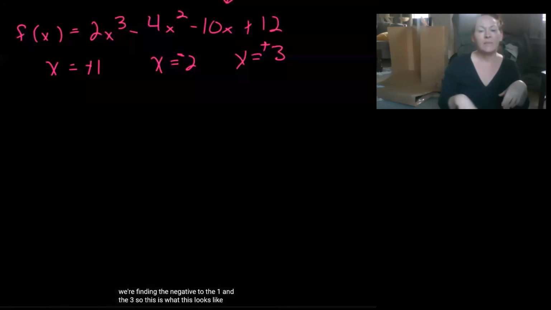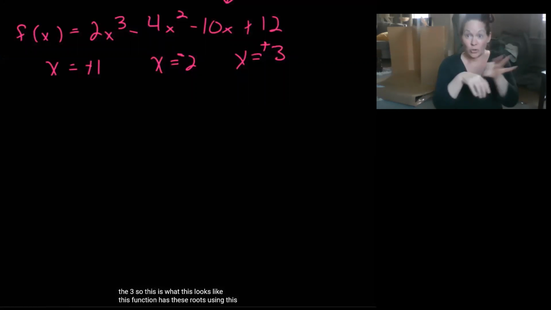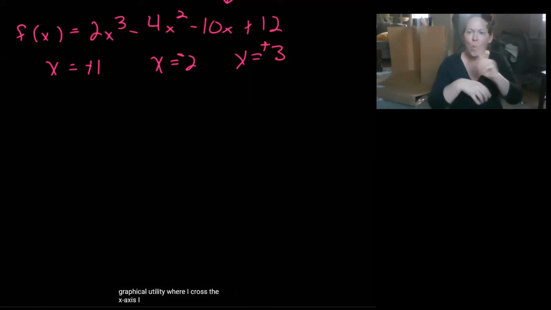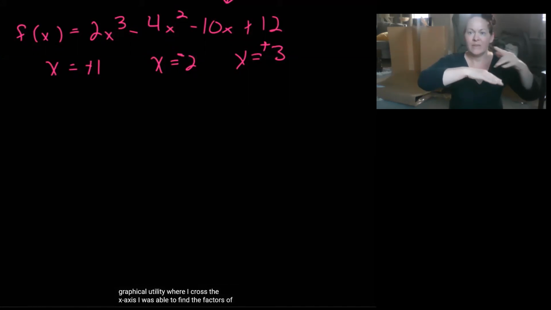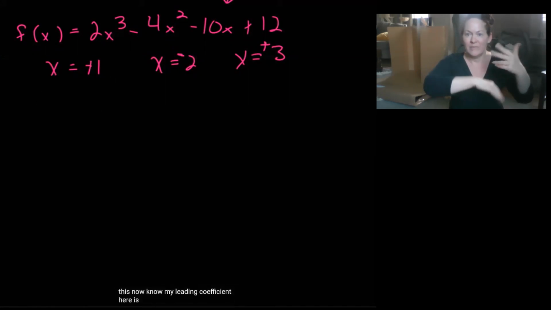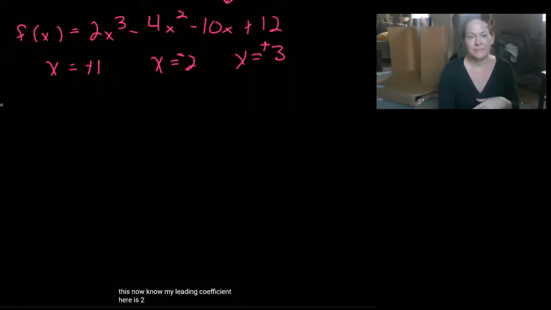So this is what this looks like. This function has these roots. Using this graphical utility, where I cross the x-axis, I was able to find the factors of this. Now note, my leading coefficient here is 2.